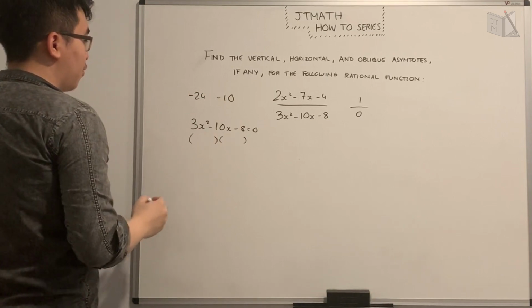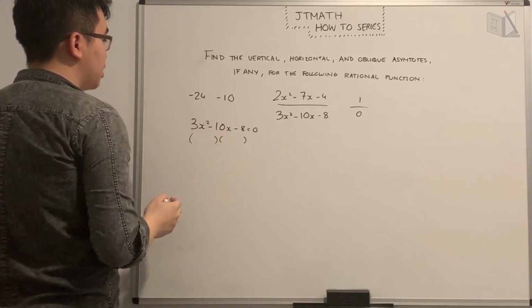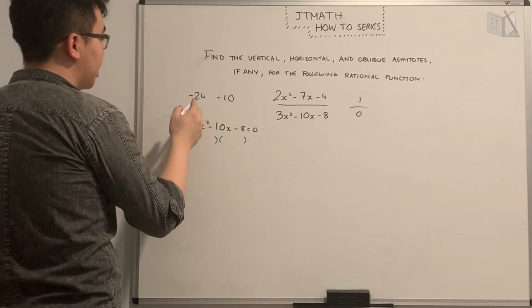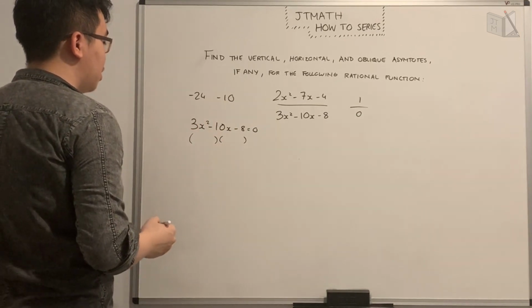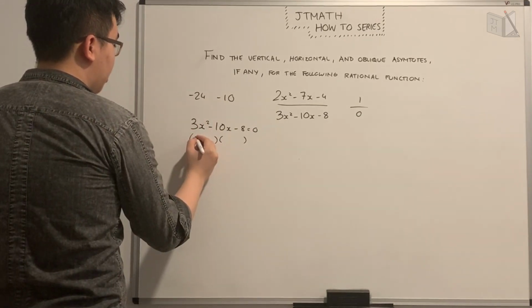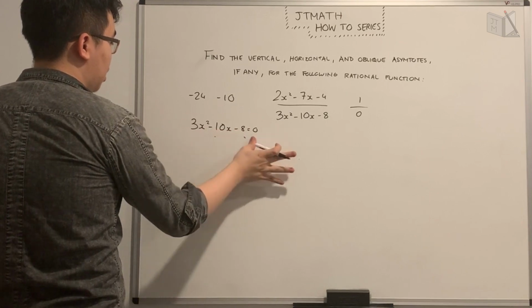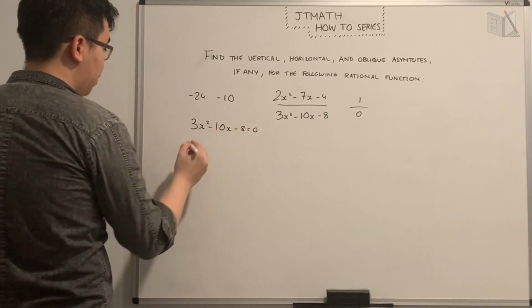Now I'm going to look for two numbers that add to give me minus 10 but multiply to give me minus 24. I think they're going to be minus 12 and plus 2.